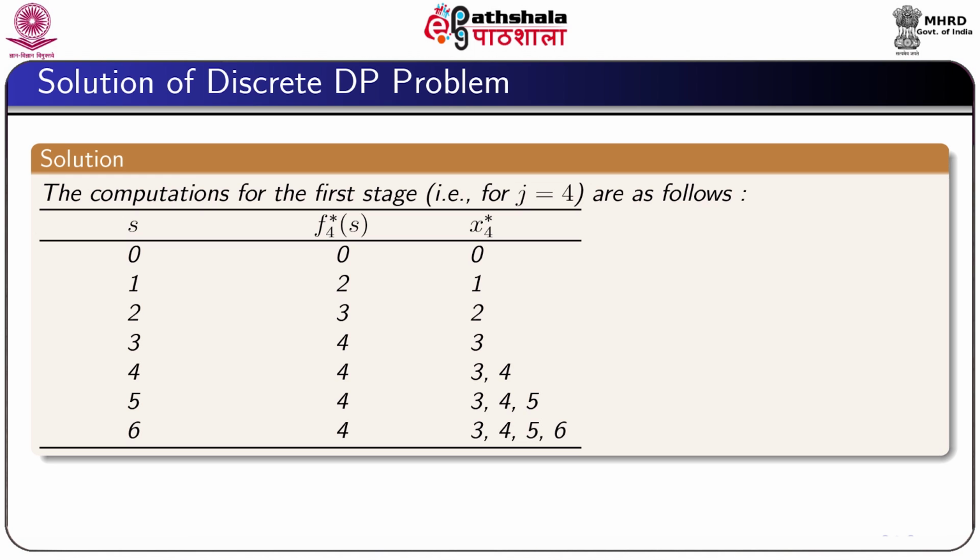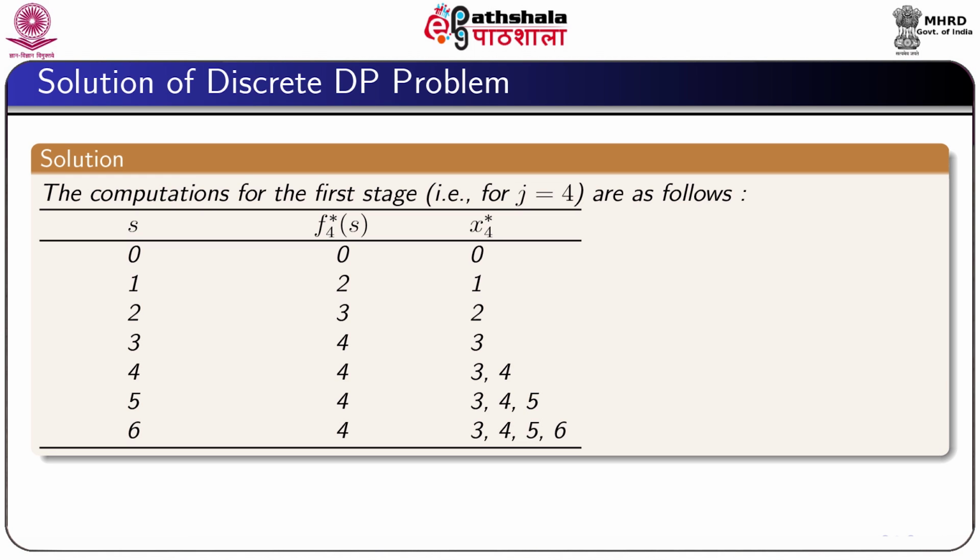The computations for the first stage, that is allocating at store 4, are as follows. The available crates are 0, 1, 2, 3, 4, 5 and 6, and the units which we can allocate to store 4 are shown.